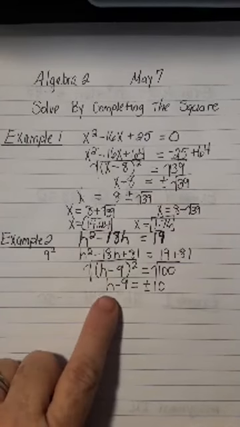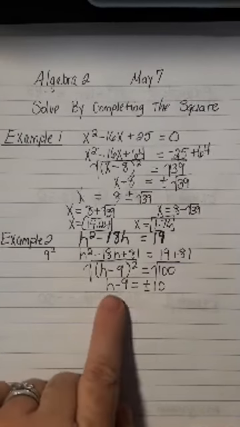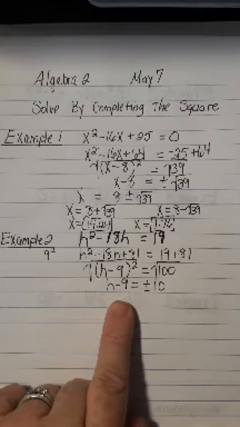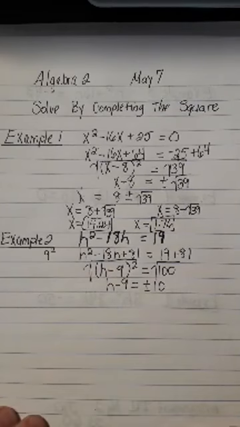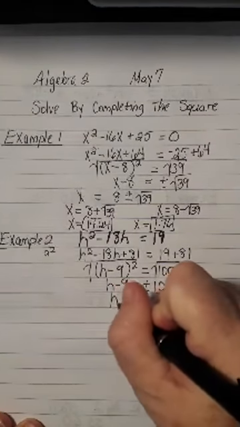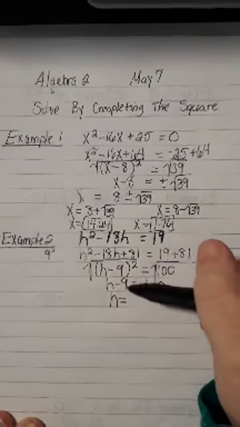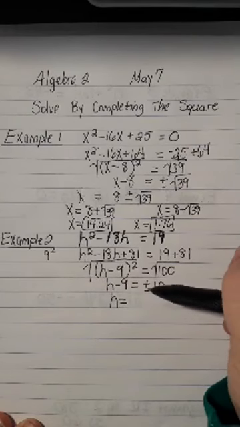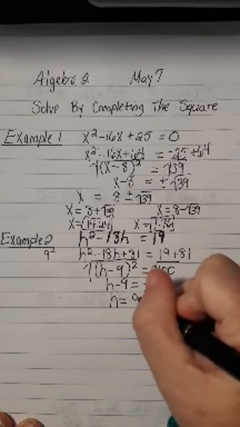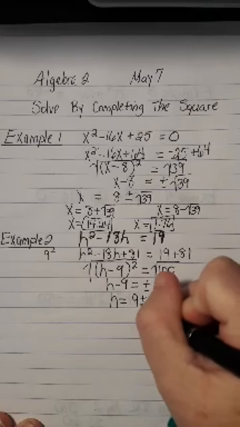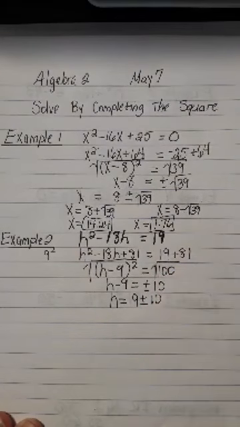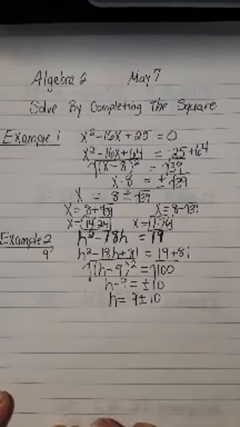Now we've got to solve for this h, so we've got to move the minus 9 to the other side. So we move it to the other side as a plus 9. So you're going to get h equals, remember, I want you to put that plus 9 in front of the plus or minus. So it's 9 plus or minus 10. There's no square roots left in that, so you don't really need your calculator on this.